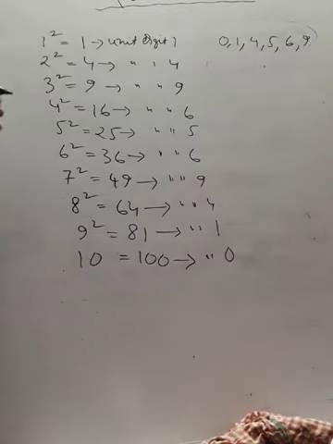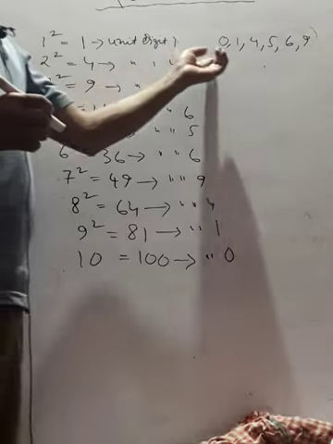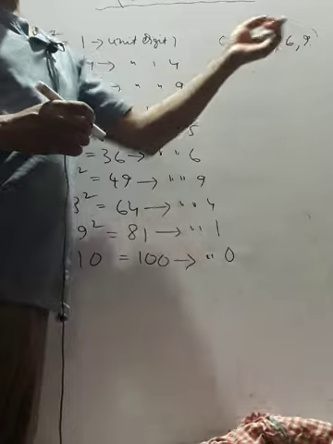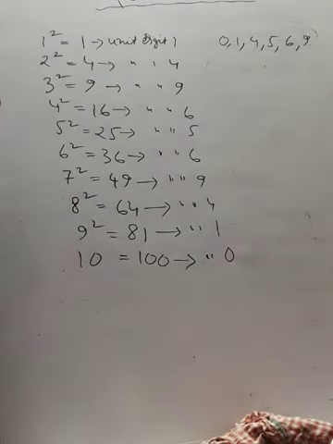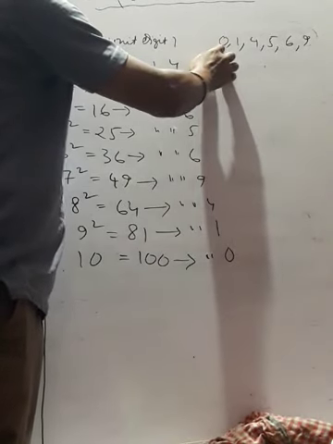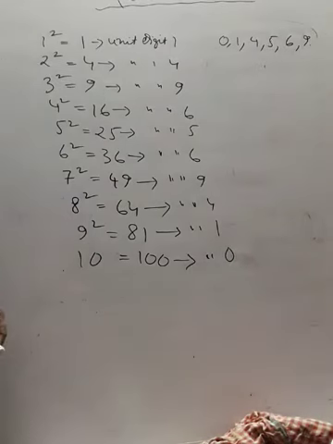So now, in order to determine whether a number is a perfect square or not, one of these numbers should be there as the units digit in that number. A number which has unit digit either 0, 1, 4, 5, 6 or 9 may be a perfect square or may not be a perfect square.